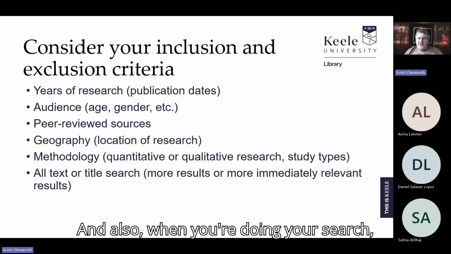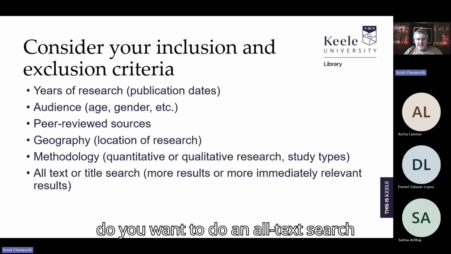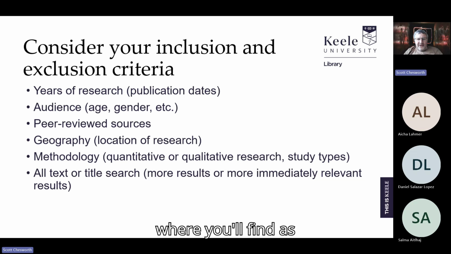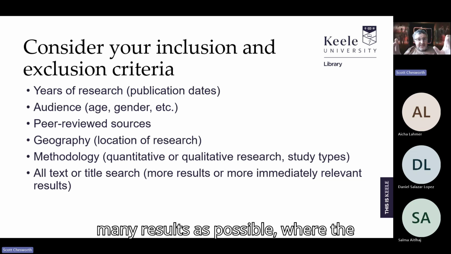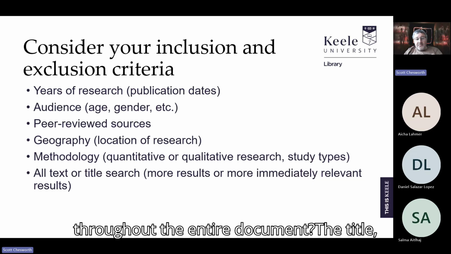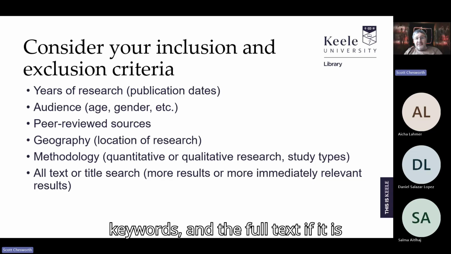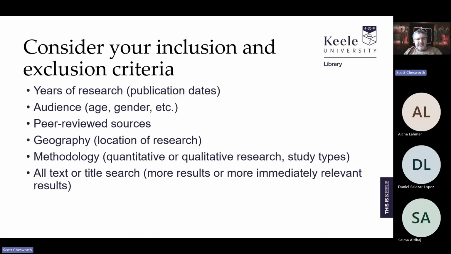And also, when you're doing your search, do you want to do an all-text search where you'll find as many results as possible, so where the database will search for your keywords throughout the entire document, the title, the abstract, the subject keywords, and the full text if it is viewable within the database?